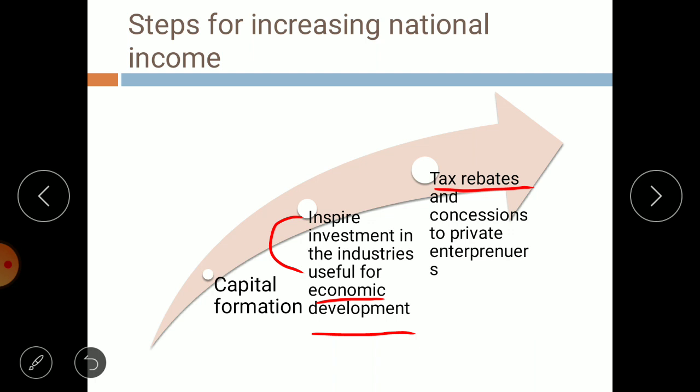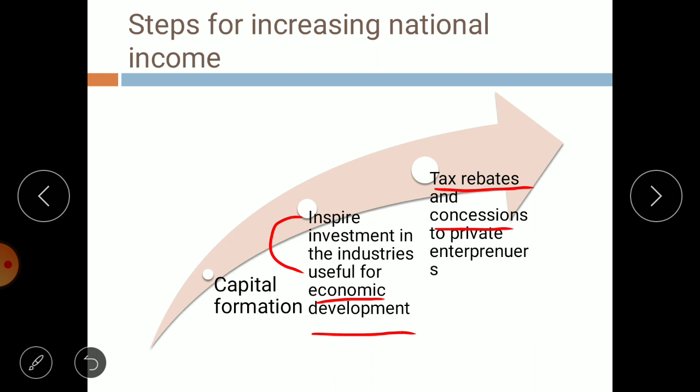If their income will increase, they will do ploughing back in the industry, means the same savings will be reinvested in the business, and in that way the size of the business will increase, and ultimately it will be beneficial to the economy. So when you are giving tax rebates, most of the businessmen will be attracted towards doing that business.